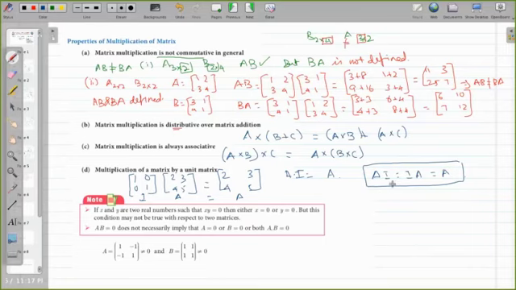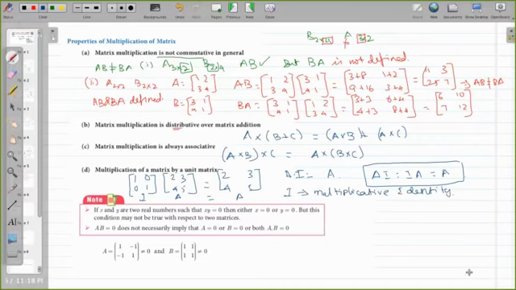It is commutative. Multiplicative identity is involved. Okay, children. So here the identity matrix is acting as what? A multiplicative identity.